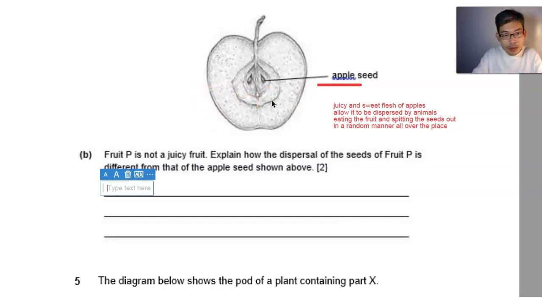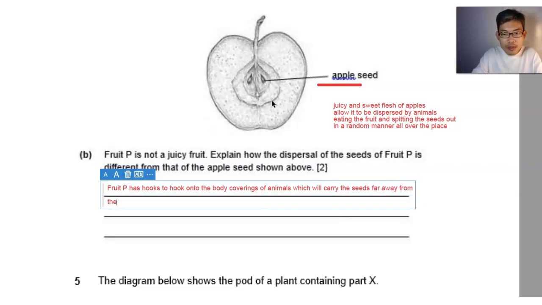So fruit P has hooks to hook onto the body coverings of animals, which will carry the seeds far away from the parent plant before they fall onto the ground.